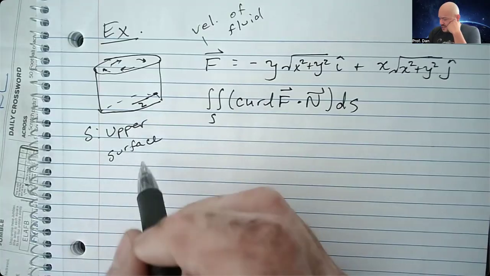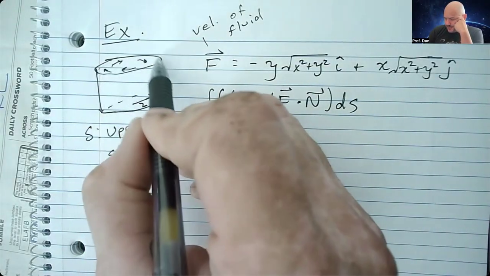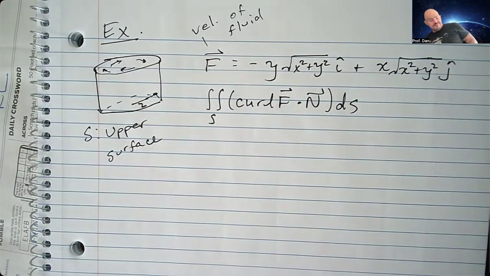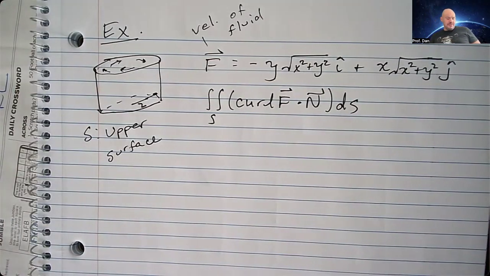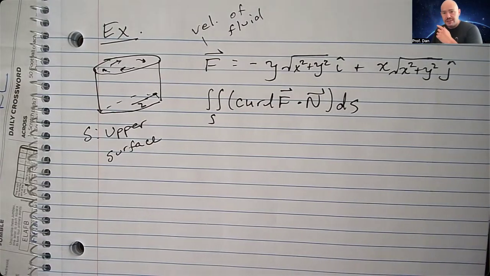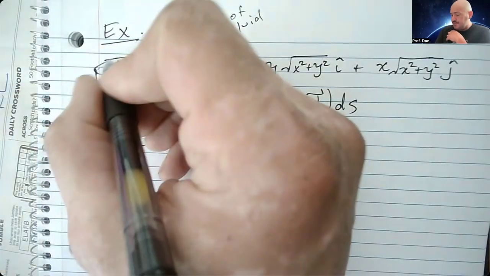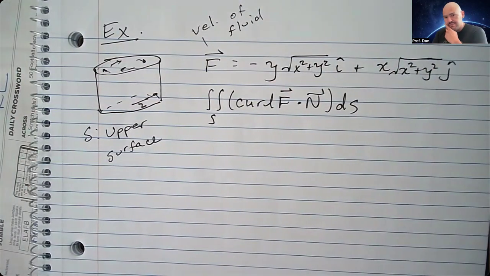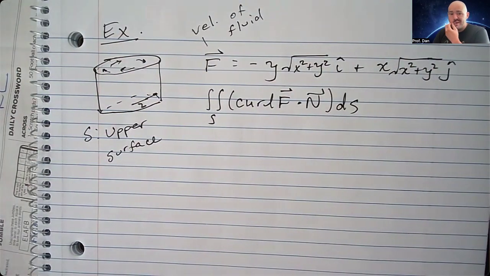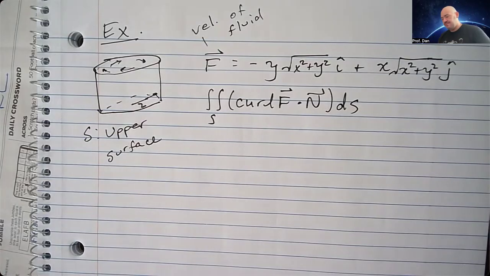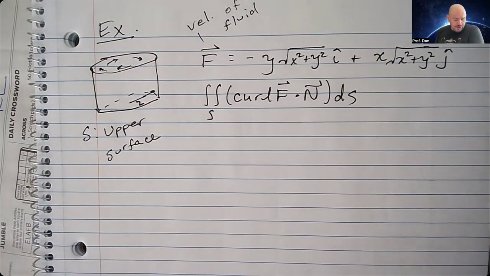So S is the upper surface of the cylindrical container, meaning that the path C that we would take around the equivalent line integral would just be the circular rim of that cylindrical container. Either way, you get the equation of a circle as your surface. So with that said, first thing we need to do is figure out the curl.